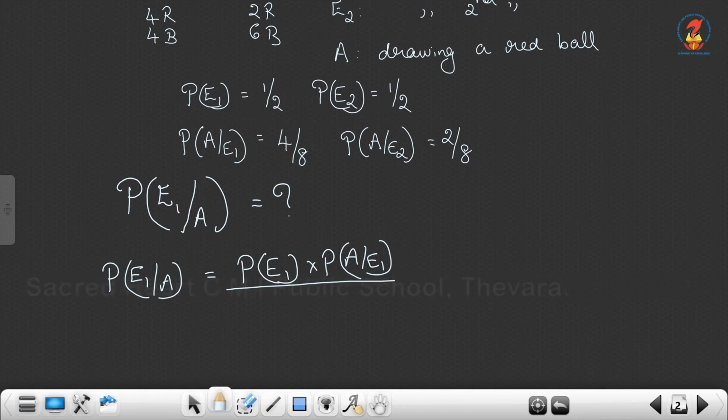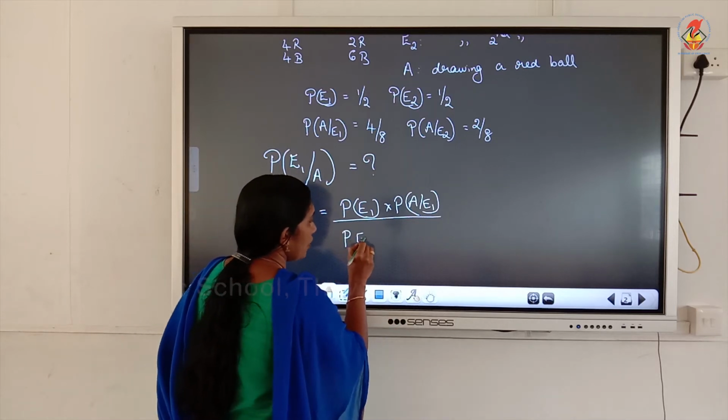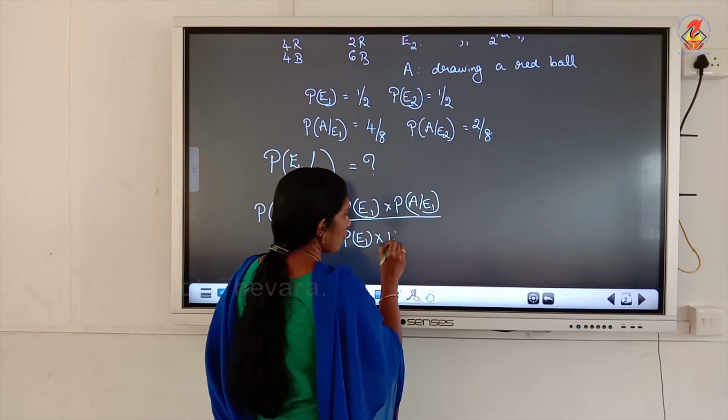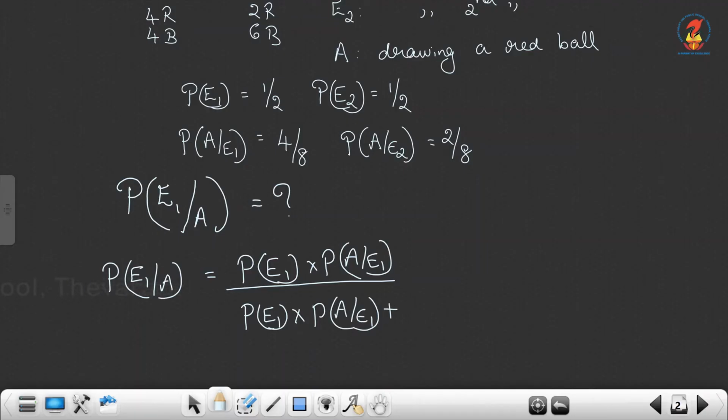Actually, it is in the denominator. Sigma means sum of what? P of E1 into P of A given E1. Here we have 2 events, E1 and E2 in the partition. So, first we write based on E1, now E2. P of E2 into P of A given E2.